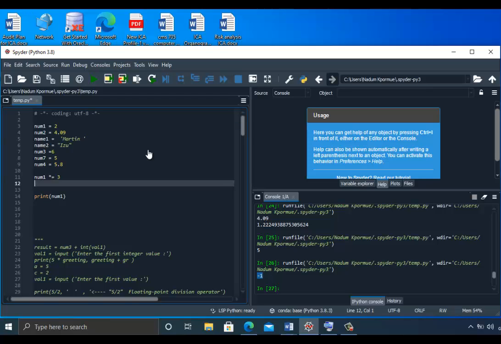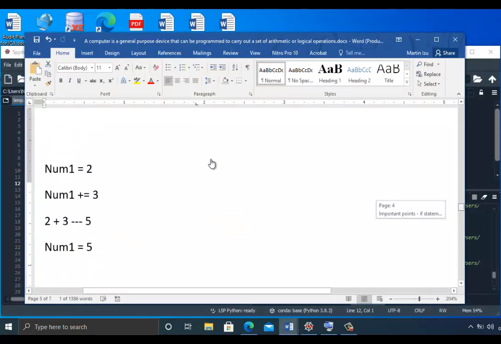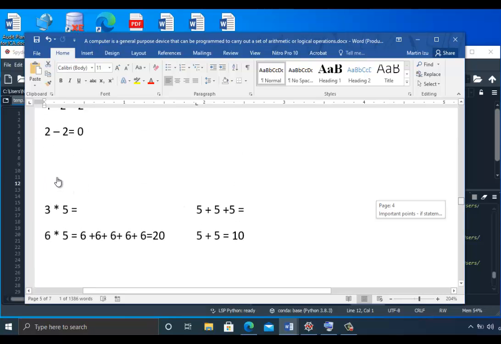It's also the same thing here. What it will do is that it's going to multiply 3 by 2, then the result will be stored in num1. So that takes us back to the initial evaluation we did with respect to this.